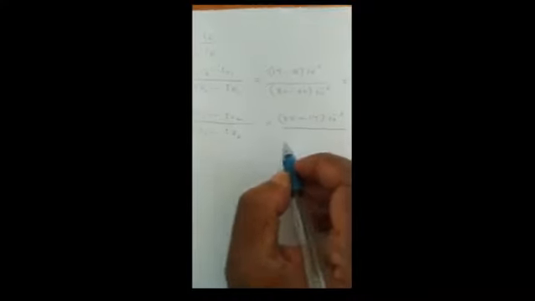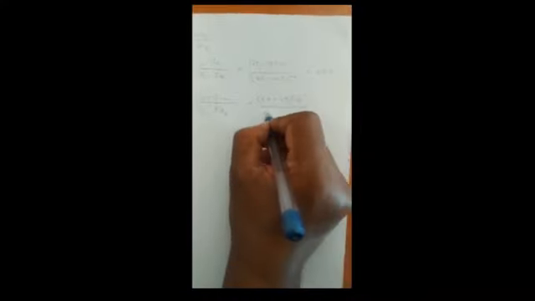And then IB3 is 120 minus IB2 is 80 into 10 to the power minus 6. So when we calculate this, you are going to get 200 for beta 2.